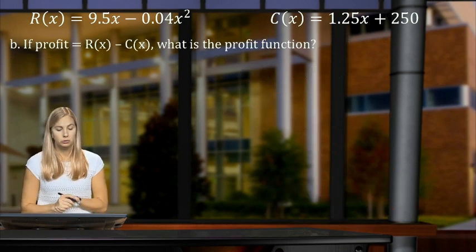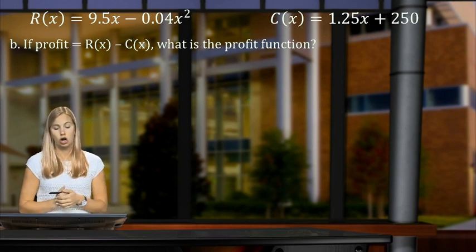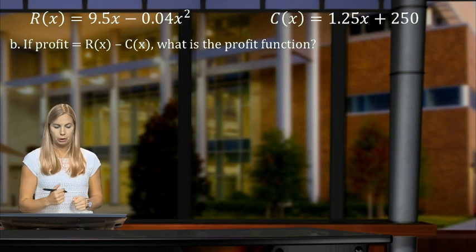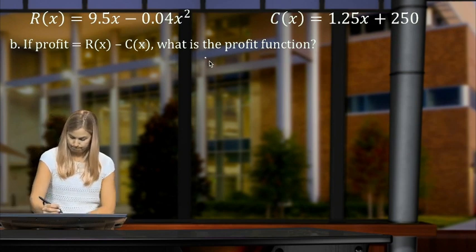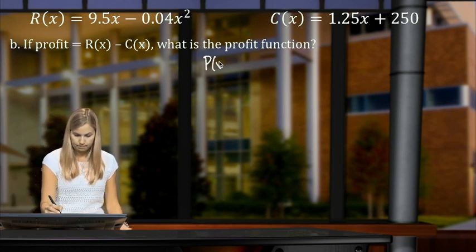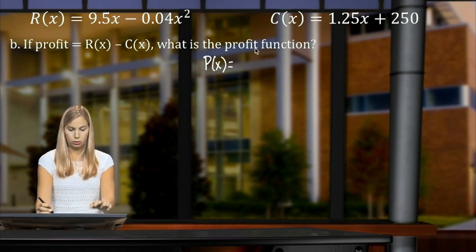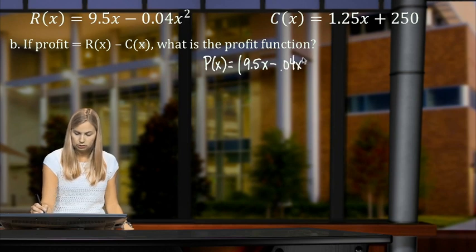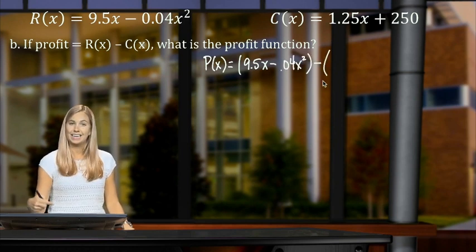If profit is equal to your revenue minus your cost, what's your profit function? We've seen an example just like this in one of our projects. Our profit function is going to be revenue, 9.5x minus 0.04x squared, minus my entire cost function.